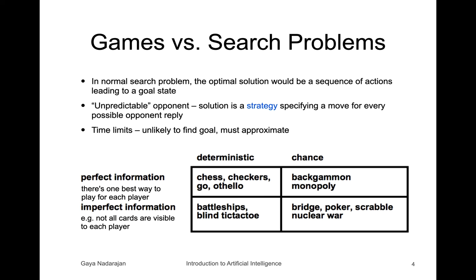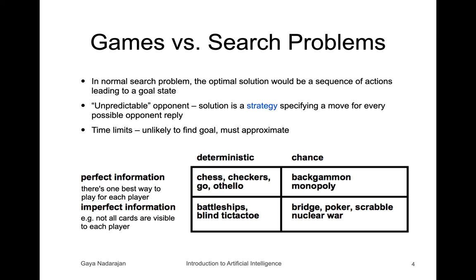So the solution is a strategy specifying a move for every possible opponent reply. So you kind of have to go one step at a time. What has my opponent done? And then based on their actions, I can decide what I can do with the options available to me. And the other thing about games is also about time limits.